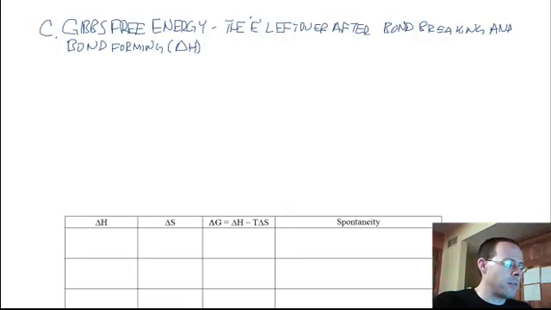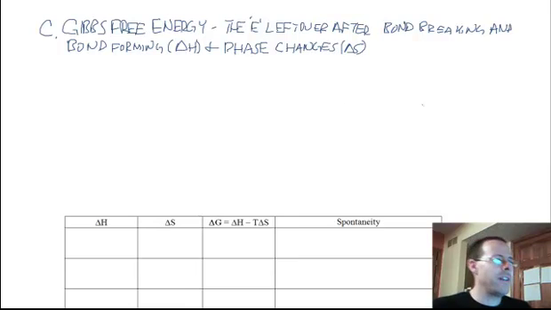So the energy left over after bond breaking and bond forming, and phase changes, if these have taken place, and these deal with our delta S. So whatever energy that's left over to do work, which kind of brings us right back to where we started. So energy left over to do work.